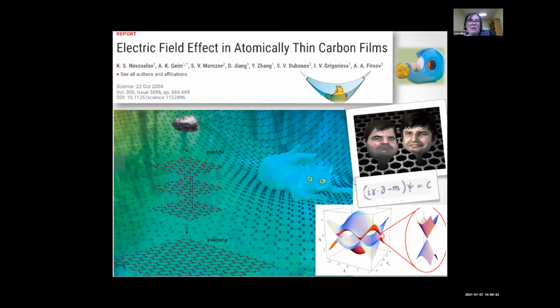Graphene became a boom in 2004 because it's a system with completely different properties than conventional semiconductors, mainly because of its electronic properties. If we look down here, the dispersion is linear, which enables ballistic properties of the charge carriers.